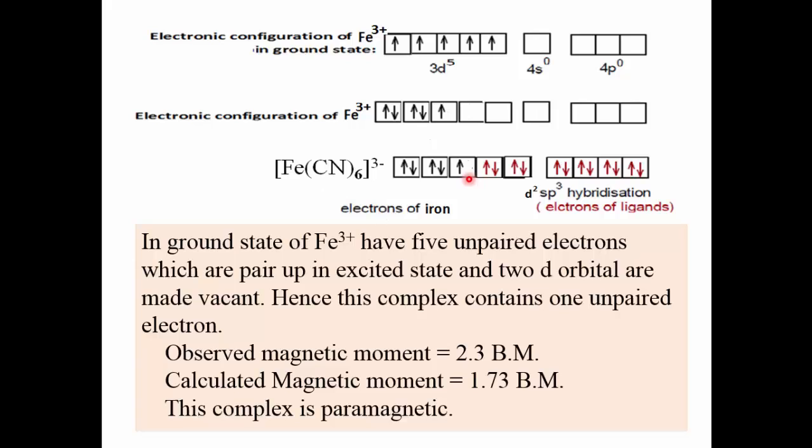Now one unpaired electron is present and therefore this complex is paramagnetic. Observed magnetic moment is 2.3 Bohr magneton, calculated is 1.73 Bohr magneton.